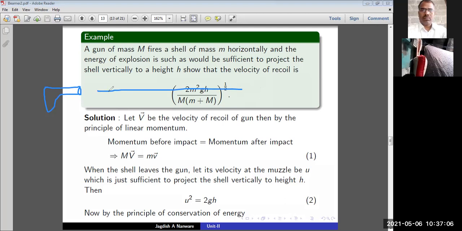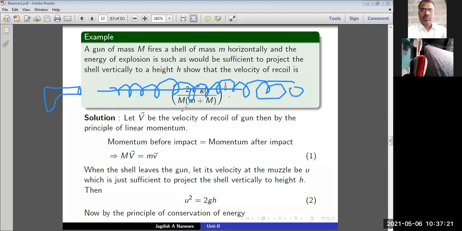So here, what is recoil? This shell moves maybe like this. So what is the velocity of this recoil, you can think?